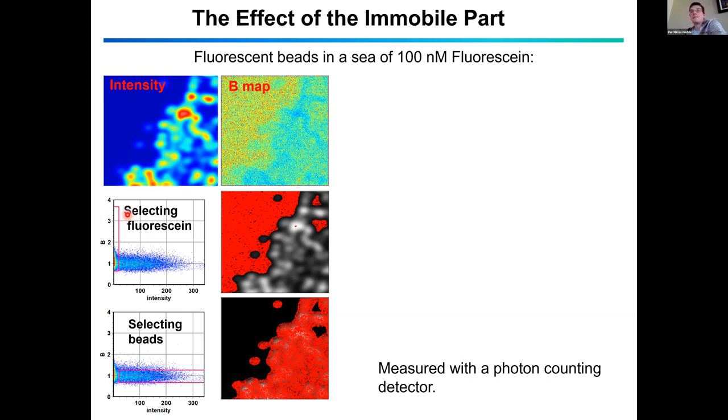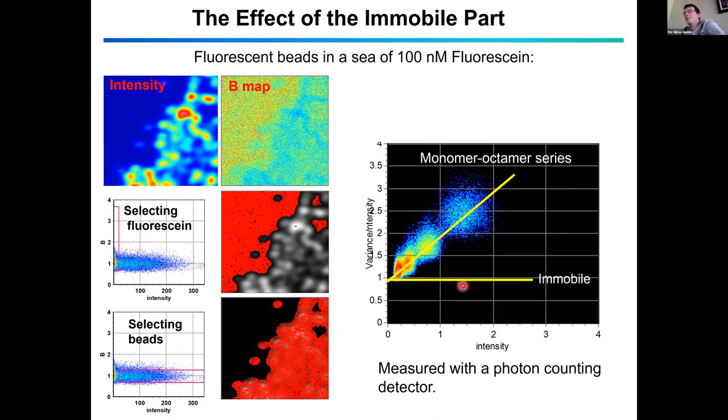The first are the ones with lower average intensity but higher brightness. When you select this population, the fluorescein is highlighted in the corresponding image by the red pixels. If you select the portion which has higher intensity but lower brightness, this corresponds to the fluorescent beads in this image, which are immobile but much brighter than the fluorescein.